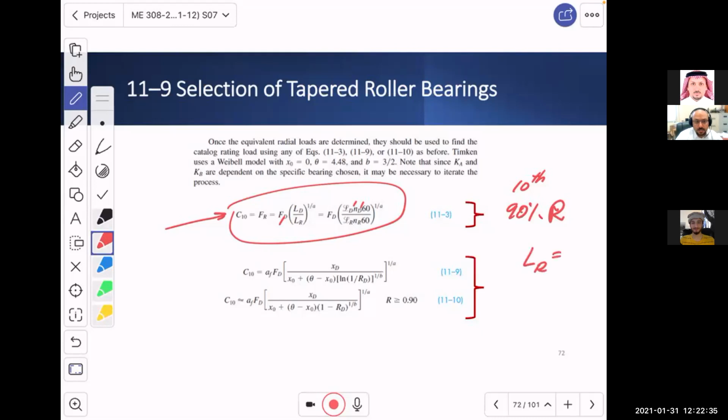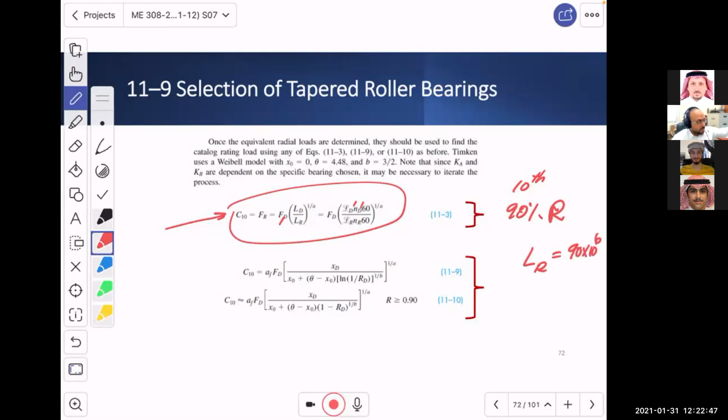Anybody remembers? 90 million cycles or revolutions. Other kinds of bearings have an L rating of 1 million. So be careful. We are here using tapered for Timken. So LR is going to be 90 multiplied by 10 to the power 6 revolutions.